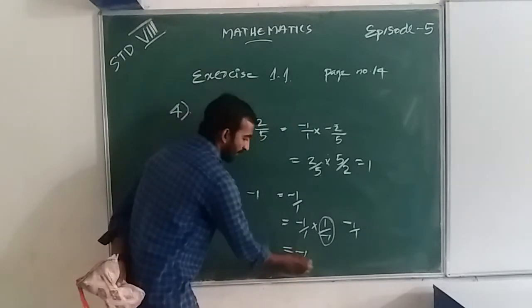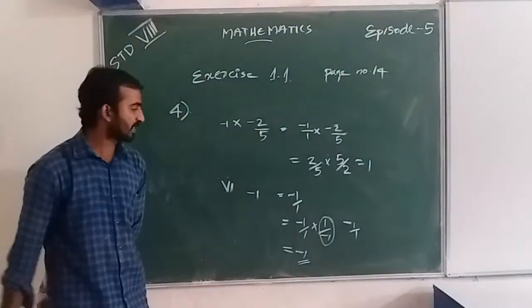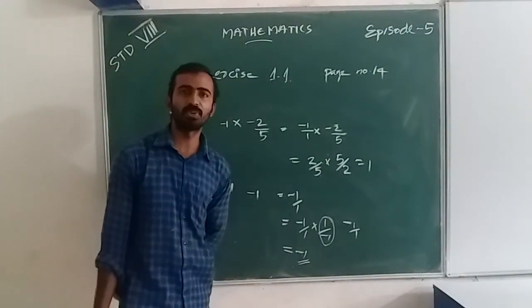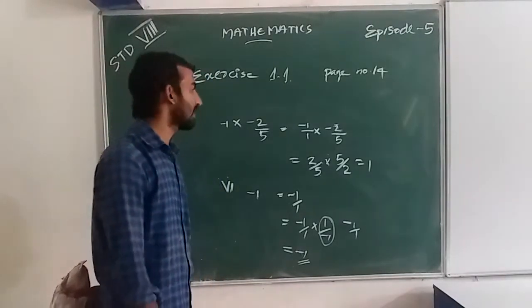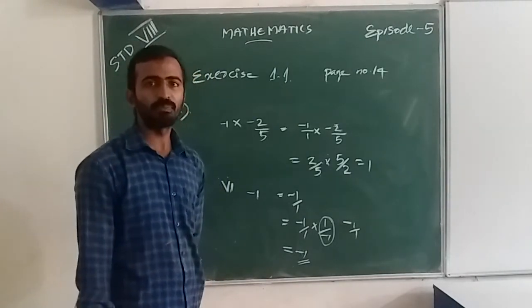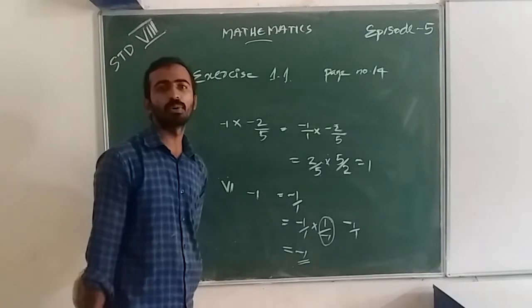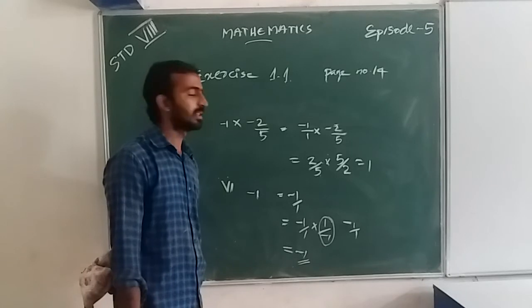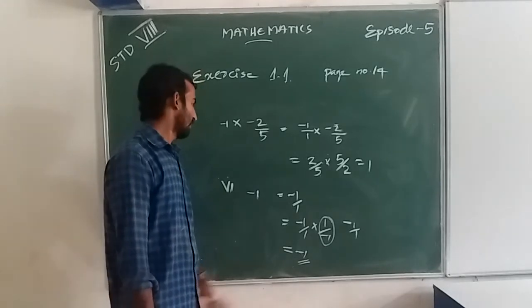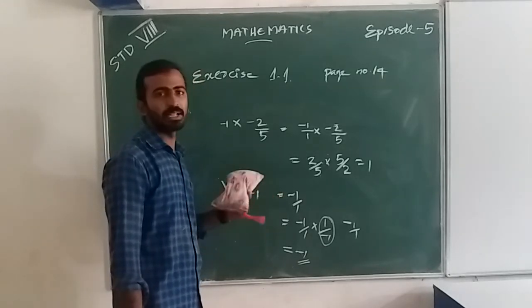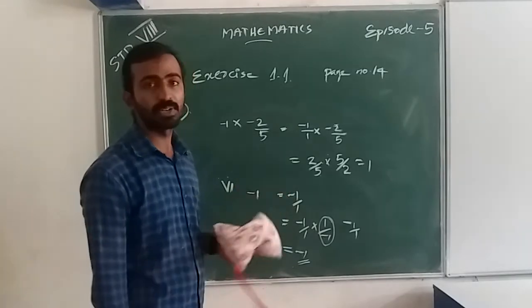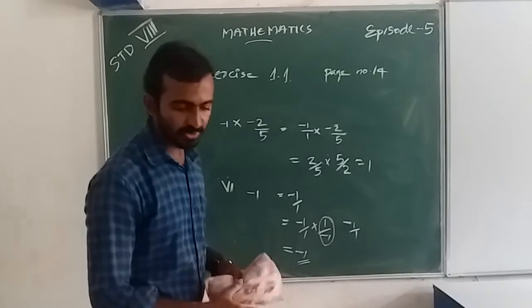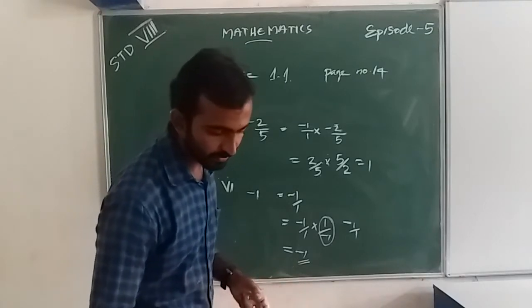The multiplicative inverse of negative 1 is negative 1. When we multiply negative 1 into negative 1, we get the answer positive 1. We want to get the answer 1, then we say it is the multiplicative inverse. Is it? Okay.